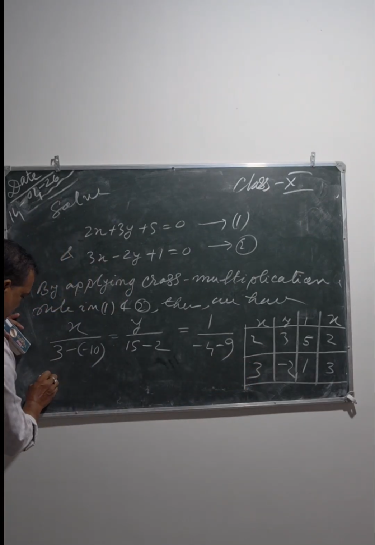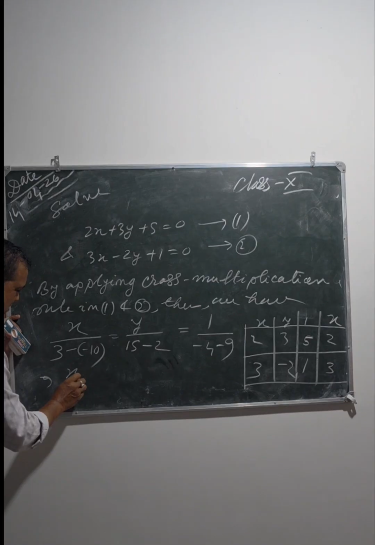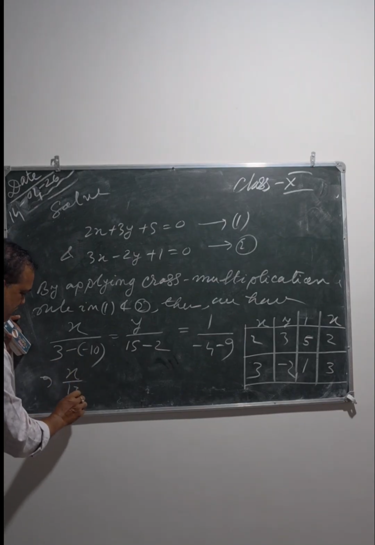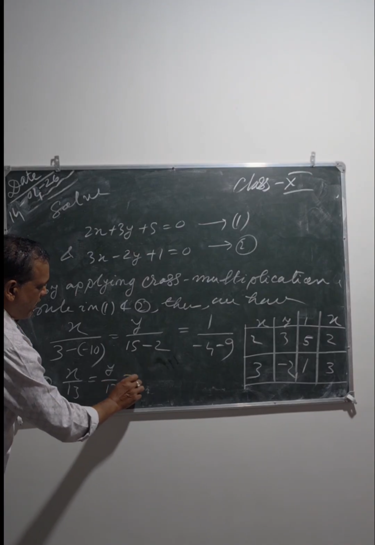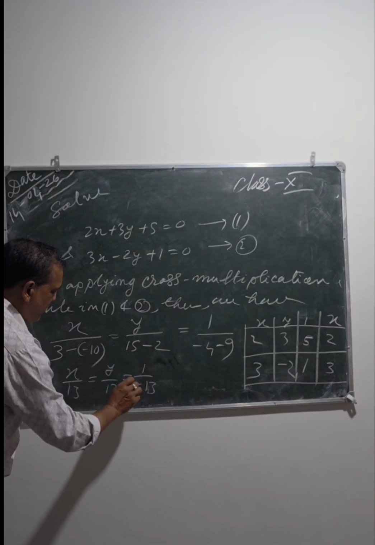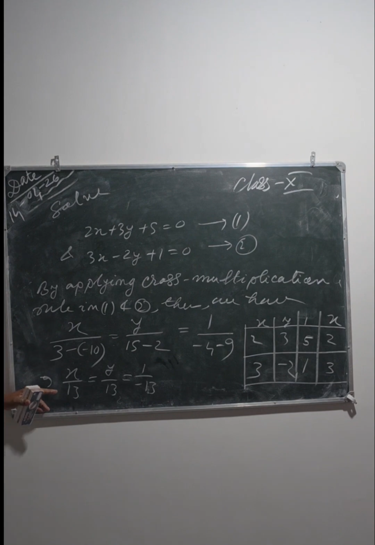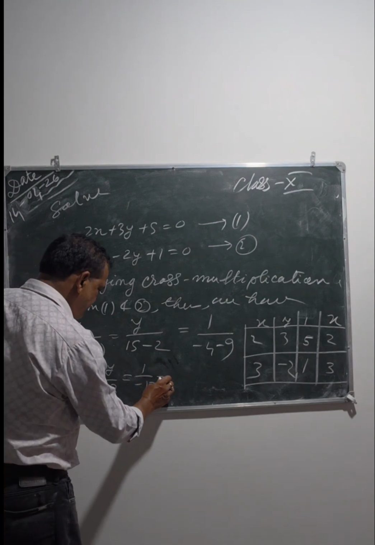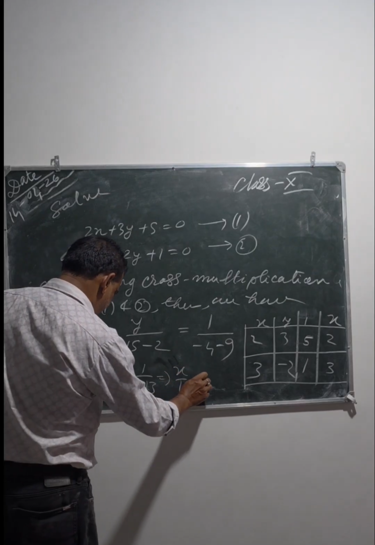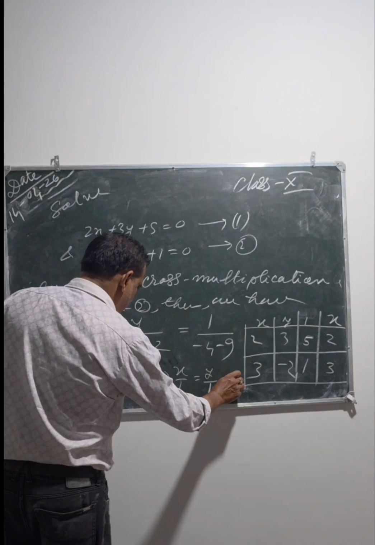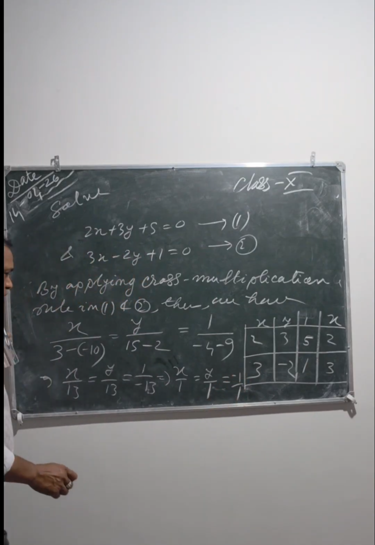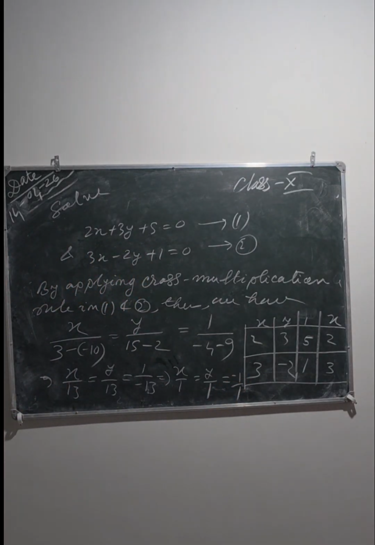So then what is the value of this? x by minus minus plus, 3 plus 10 equals 13. And y by 15 minus 2 equals 13 once again. And that will be minus 13. So if we multiply all the terms by 13, then it will be x by 1, y by 1, and minus 1 by 1, because if we multiply all the values by 13, then 13 can be removed from each one.